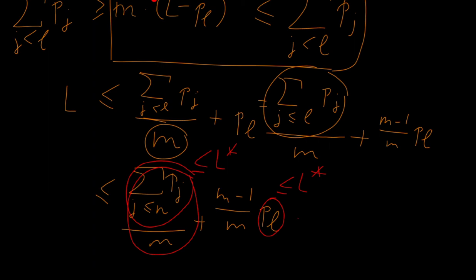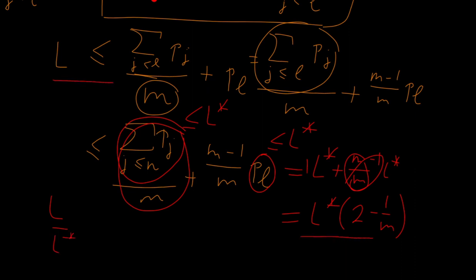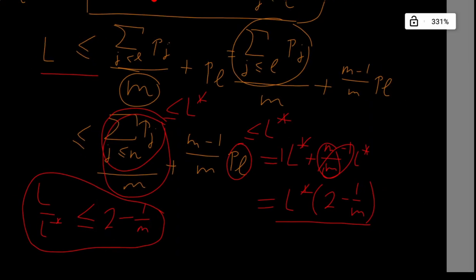So this is at most L star plus M minus 1 over M times L star, which is exactly L star times 2 minus 1 over M. Which means that L divided by L star is smaller than or equal to 2 minus 1 over M. And this proves the upper bound.